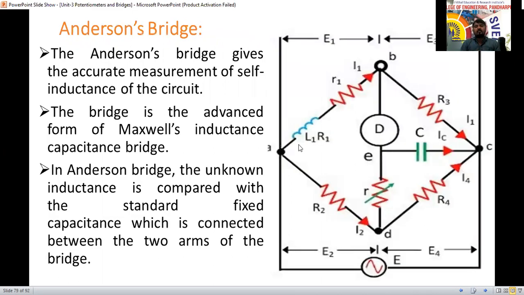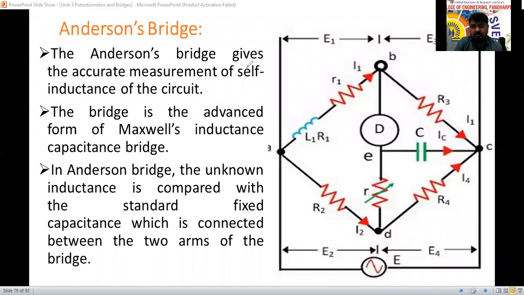To correct that, one more bridge is there, called the Anderson bridge. He also derived an advanced form of the Maxwell bridge in a different way. Compare this with the Hay bridge, the Maxwell inductance bridge and the Maxwell capacitance bridge.